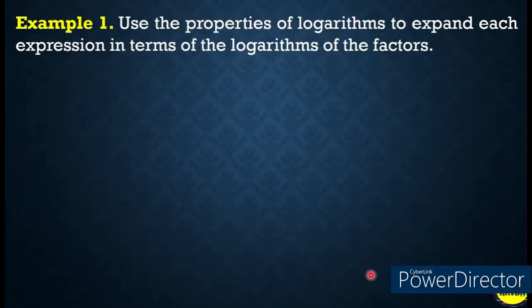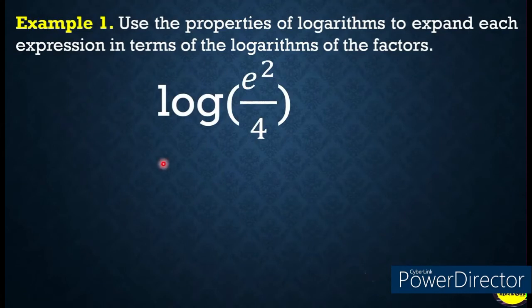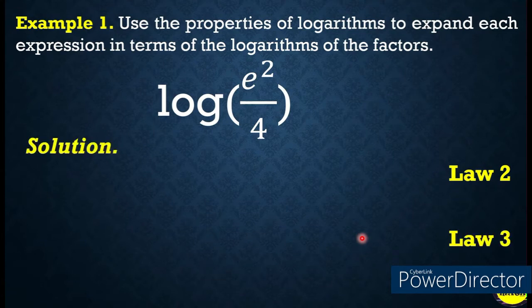Next, log e squared over 4. So this is a quotient. So we are going to apply first the law number 2. So kapag quotient, so anong gagawin natin? We're going to subtract the logarithm of the numerator and the logarithm of the denominator.